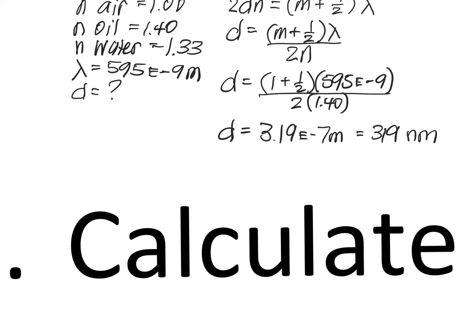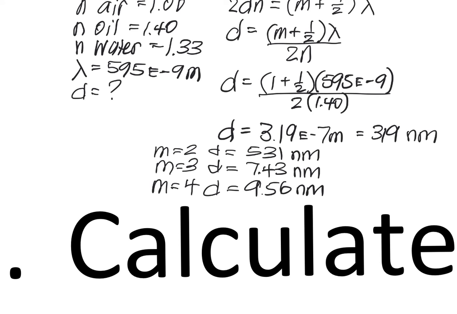But then multiples of that, and if I use higher values of m instead of the first order m, then m equals 2, m equals 3, m equals 4, my thin film gets less thin, gets chubby. So we have 319 when it's the thinnest, and then 531, 743, 956 nanometers as we go.